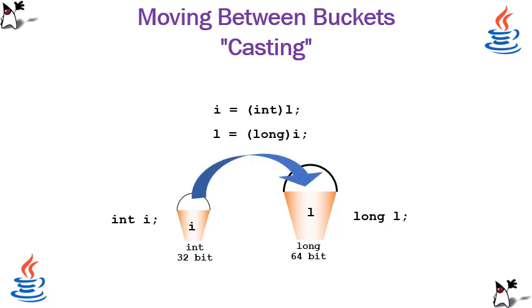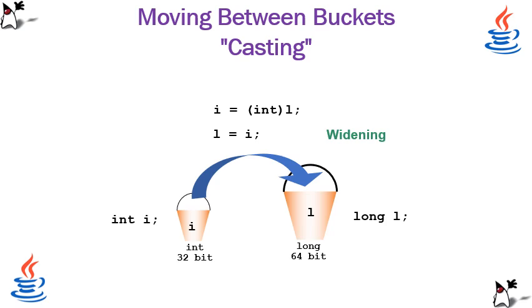And when I am assigning this integer value stored in i to a long, which is to be stored in l, it is widening. So I don't need that kind of parentheses. This is called automatic promotion or coercion, which we have seen several slides back.